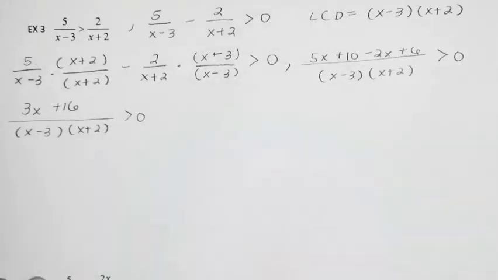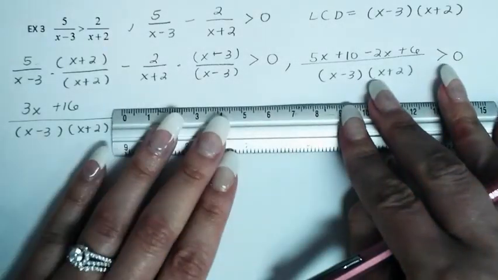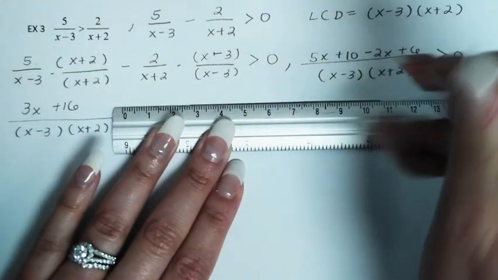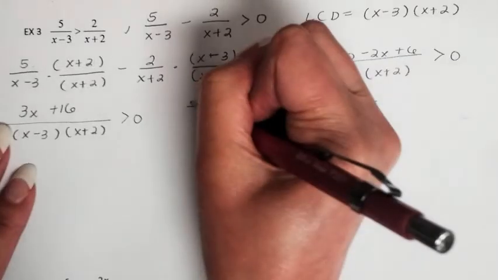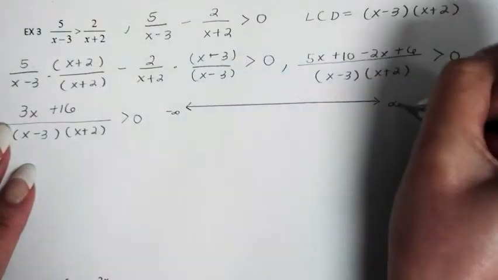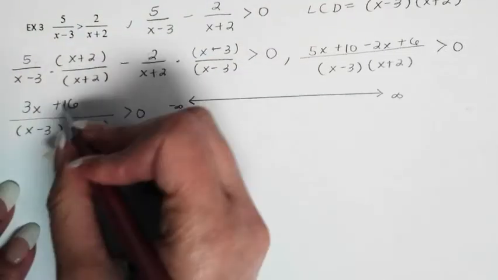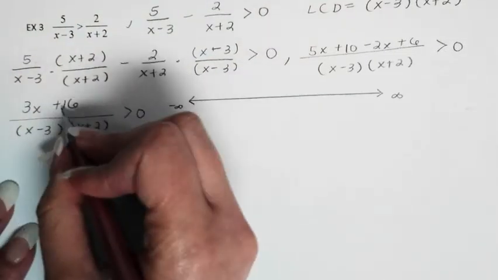So what I'm going to do here is my number line. You have your number line, and remember it goes from negative infinity to positive infinity. What are the numbers that we have for the situation?